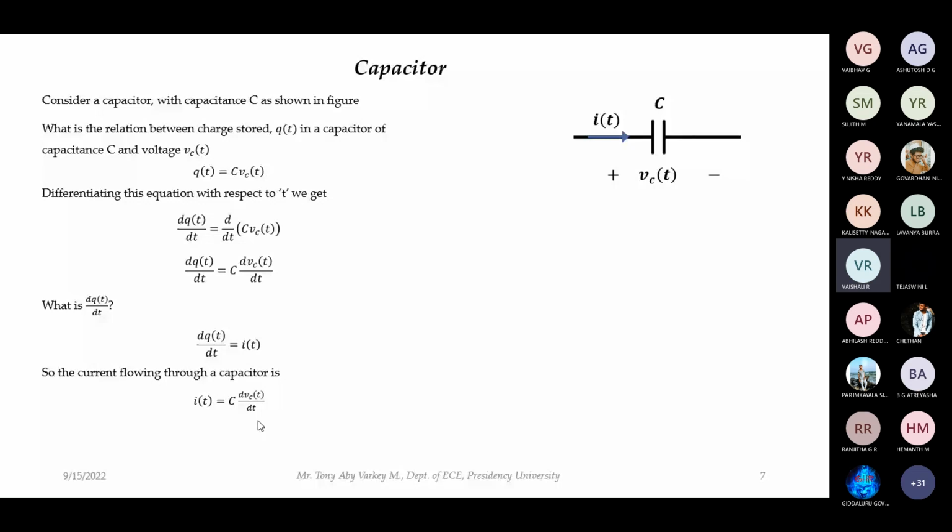So, 1 by C into the integral of I of t dt. Correct.